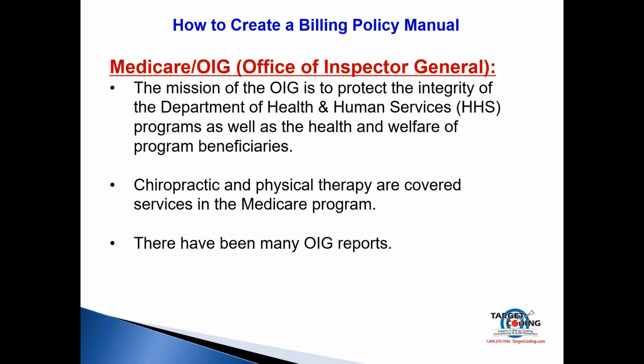So the mission of the OIG, Office of Inspector General, is to protect federally funded programs like Medicare and Medicaid from criminals that are trying to rip off the system. And you hear about it all the time. There was just one this past week. It was called Operation Back Brace, where there were criminals all over the country.